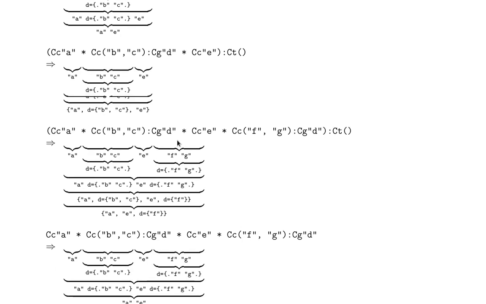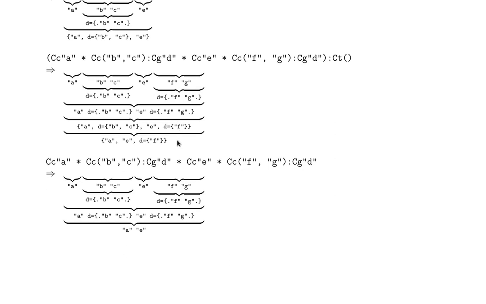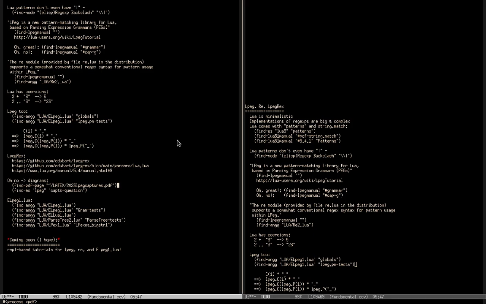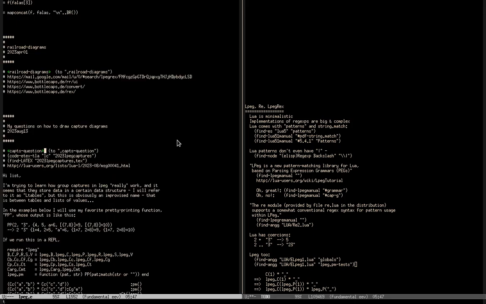Many things started to make sense. Many mysterious sentences in the manual started to make sense, but some didn't. But at least I was able to send some intelligent questions to the mailing list, and the author of Lua and LPeg answered some of them.